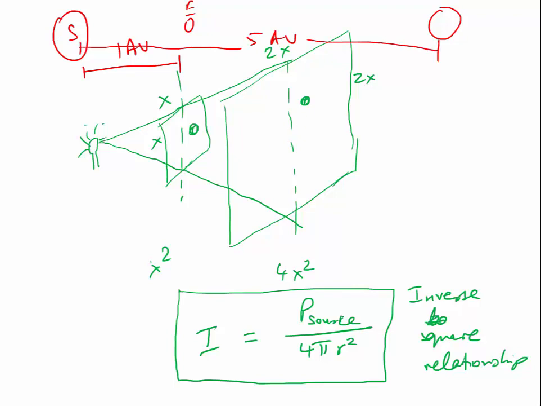So whatever light we get at the Earth, if we want to see what Jupiter gets, because of the inverse square relationship, because the distance is 5 times, Jupiter's light ratio compared to the Earth will be 1 over 5 squared, or 1/25th the amount of light that the Earth gets, which is about 4%. So if you lived at the distance Jupiter does, you will be very, very cold, because even on the sunniest day, you're only going to get 4% of the light that we get here on Earth.